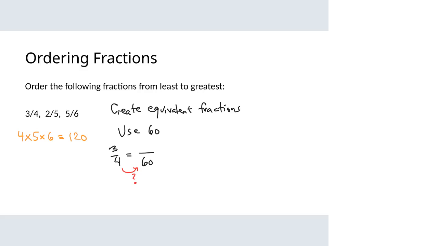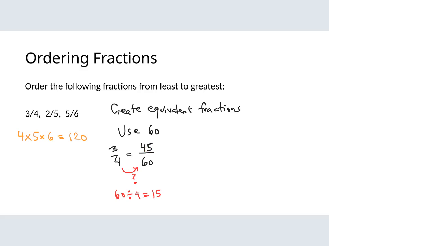But what I can just do is I can do 60 divided by 4, and I'll find that out. And let's see, 60 divided by 4 is 15. So sure enough, if we multiply the denominator by 15, we can multiply the numerator by 15. And I don't know what 3 times 15 is, but I don't need to. That's 45. So 3/4 becomes 45 over 60.